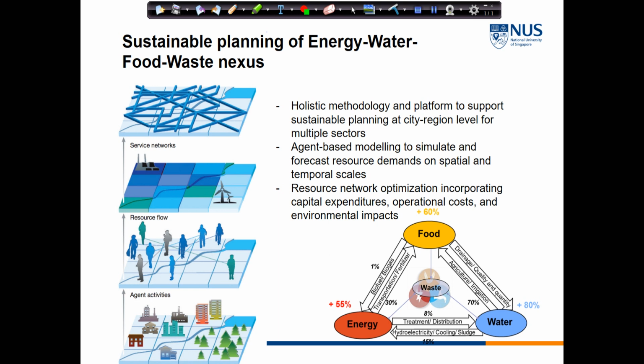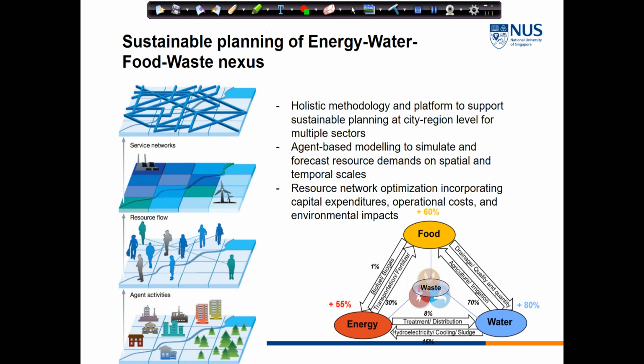When you study the energy system, it also provides a lot of energy to the food industry or to the water distribution, and water is a necessary component for energy production or supply. Also, food and water are closely interlinked, and all sectors produce waste.